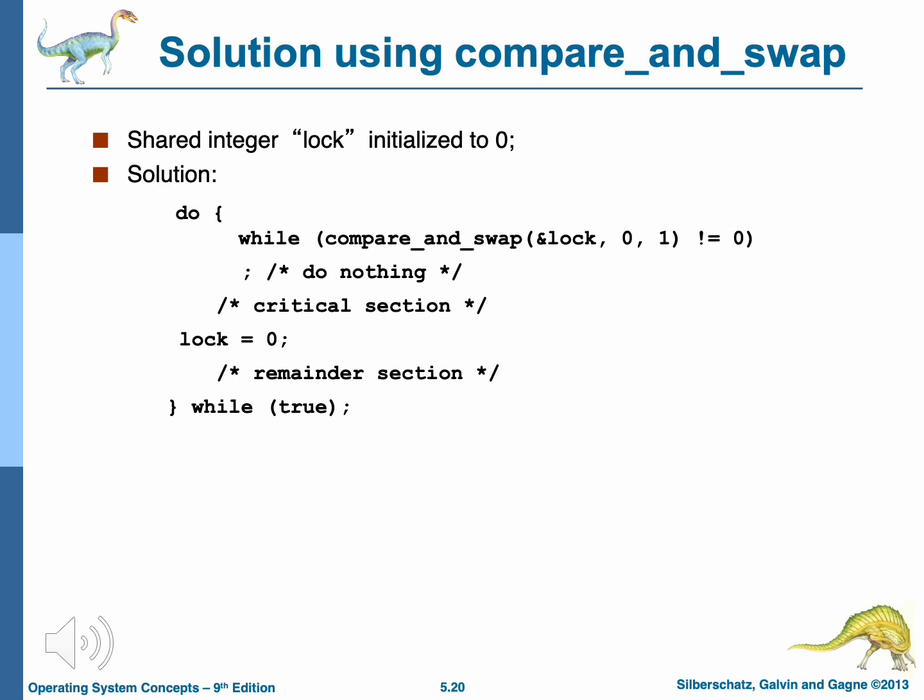Subsequent calls to compare and swap will not succeed because lock now is not equal to the expected value of 0. When a process exits its critical section, it sets lock back to 0, which allows another process to enter its critical section. The structure of process Pi is shown in the given figure.